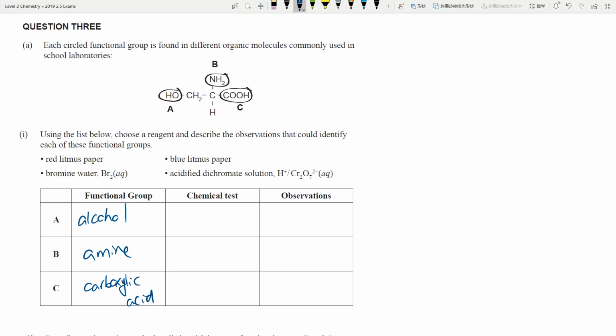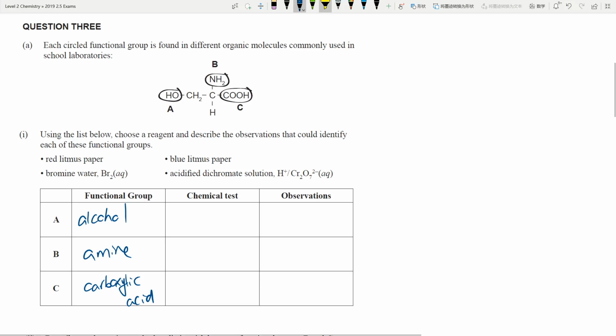All three externals in level 2 are linked to level 3. 2.6 is probably the least linked, but probably the easiest, because a third of it is rates of reaction, which you learn in level 1. But anyhow, that's not related to this particular question.